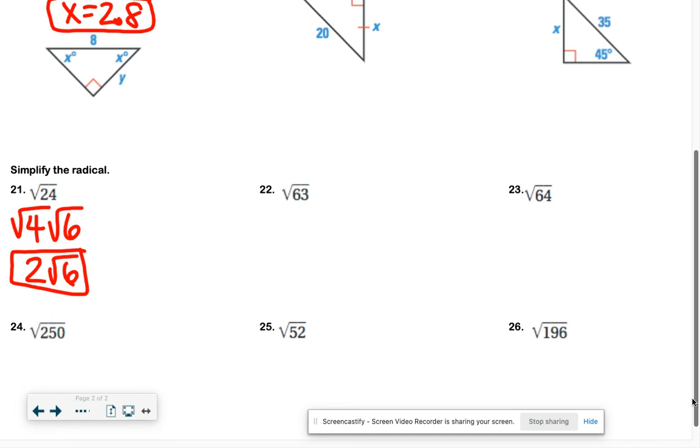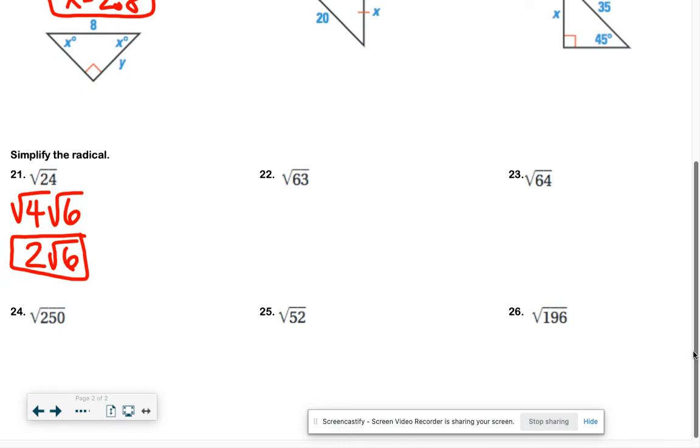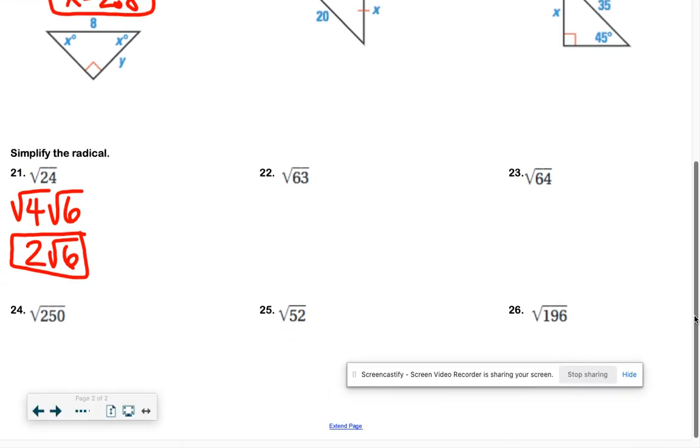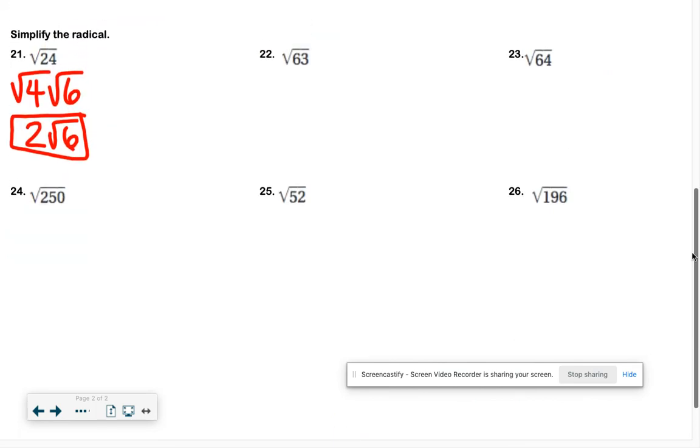Let's do another. What perfect square goes into 250? 25. How many times? 10.